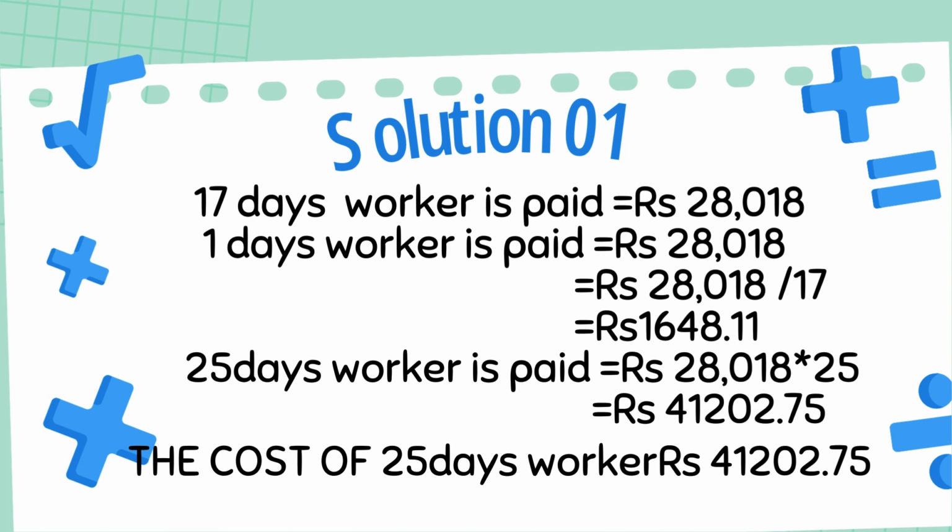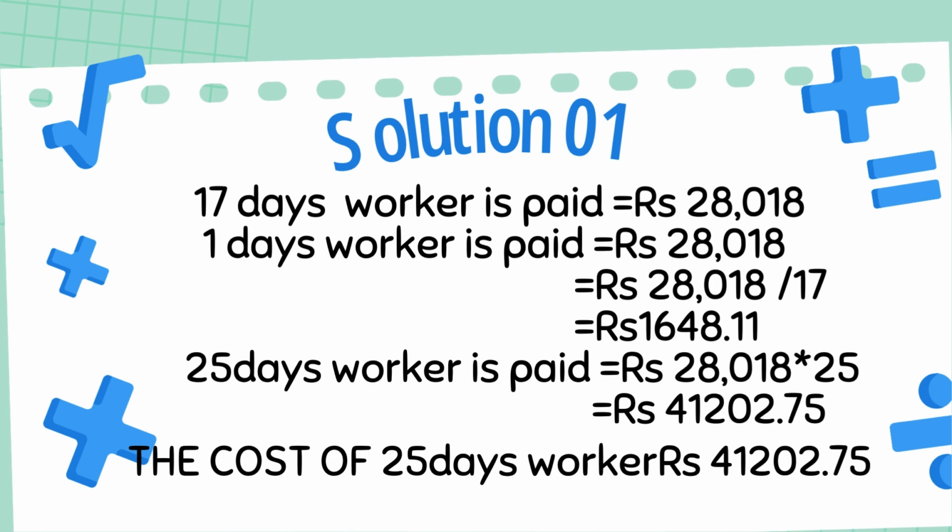There is no cancellation, because 17 is a prime number and 18 is not a prime number. So we will do simple division.